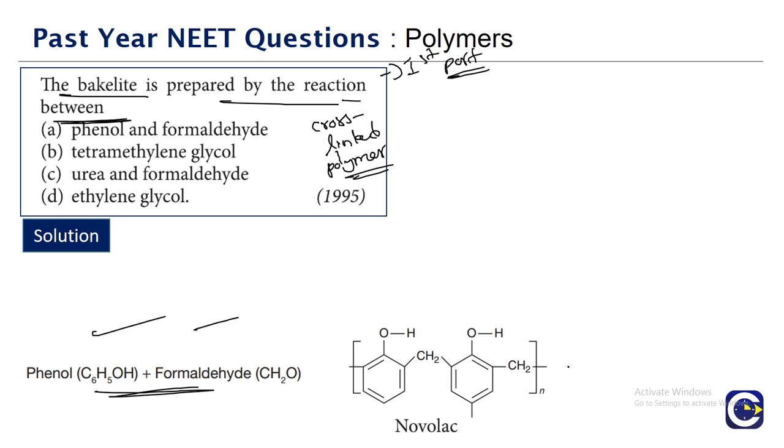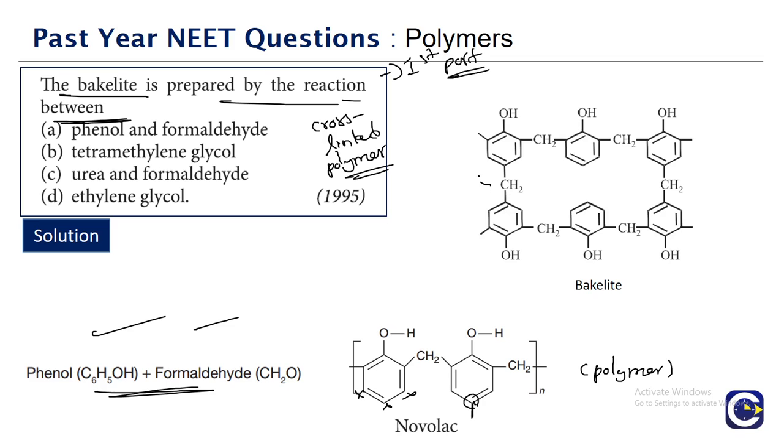First, the normal polymer chain of novolac forms. When novolac undergoes cross-linking, because on the phenol chain we have active sites, the cross-linking is due to strong covalent bonds. In a cross-linked polymer, it's a three-dimensional network, and everywhere it is only covalent bonds. That is why these cross-linked polymers are hard and rigid.